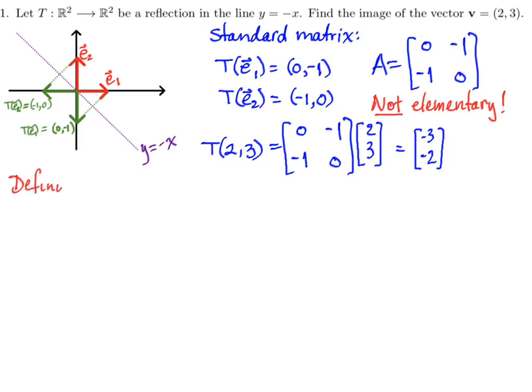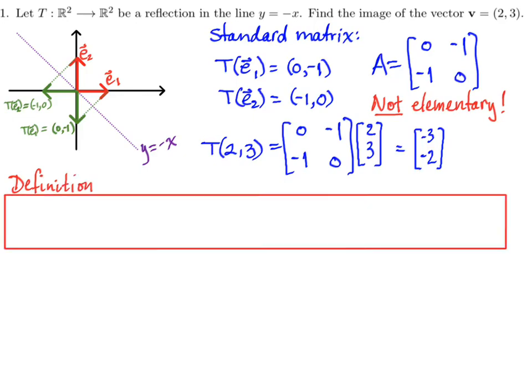So now we saw a couple of different vectors in some of the previous reflections that we did. We saw some vectors that didn't get moved at all. And so those are important. Those are called fixed points of the linear transformation. So here's the definition.